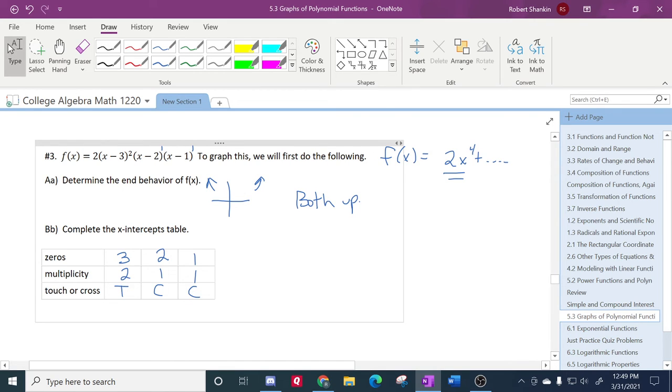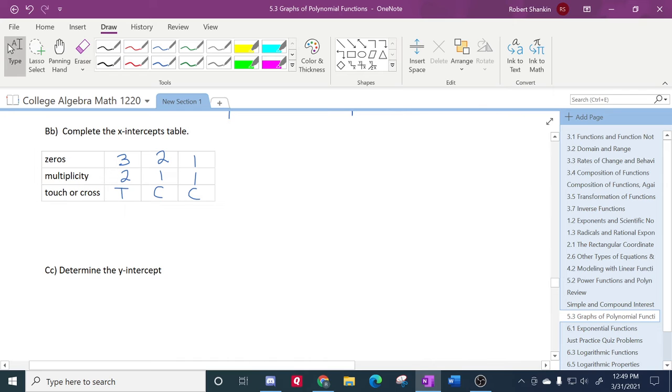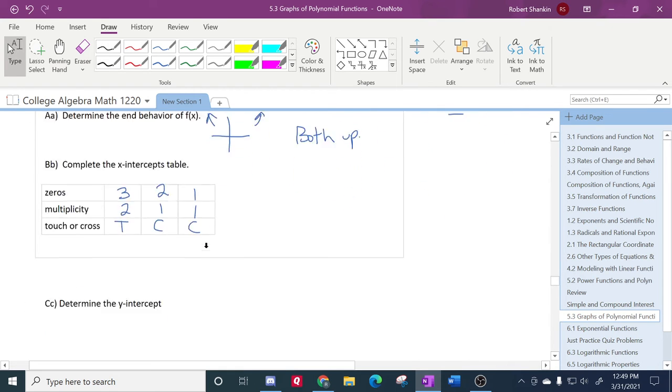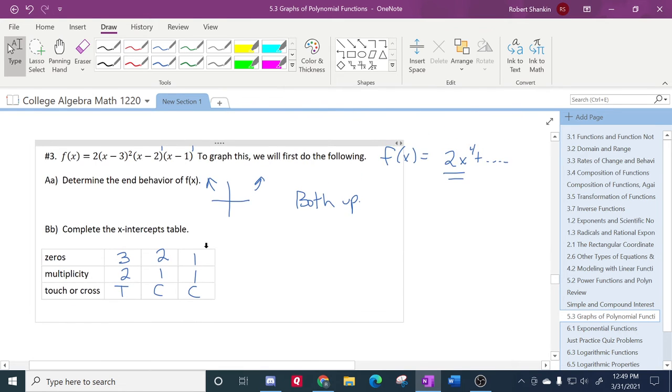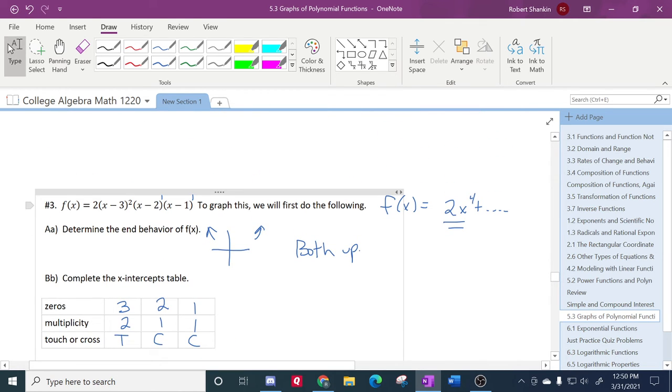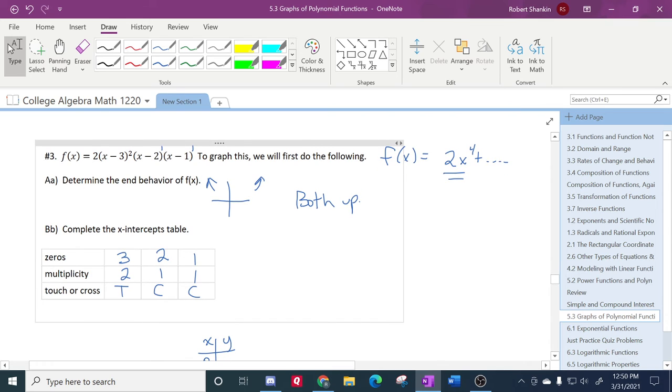To graph it, we would want to determine one more thing, which would be the y-intercept. Remember, to get the y-intercept, you make a little table and you set the opposite letter to be 0. X to be 0. Now if x is 0, you're going to get 2 times negative 3 squared times negative 2 times negative 1.